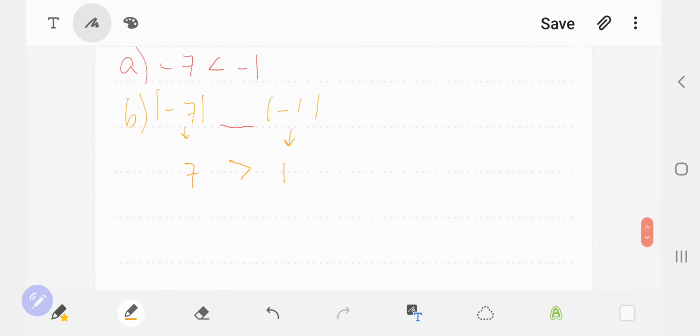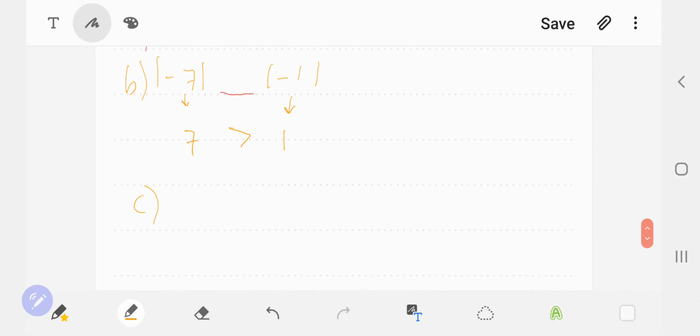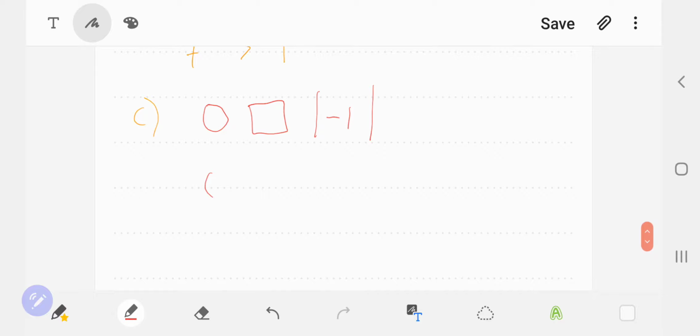Letter C. Let's use a different color now. We have 0, box, absolute value of -1. This is 0, box, that is +1. Thus 0 is less than 1.